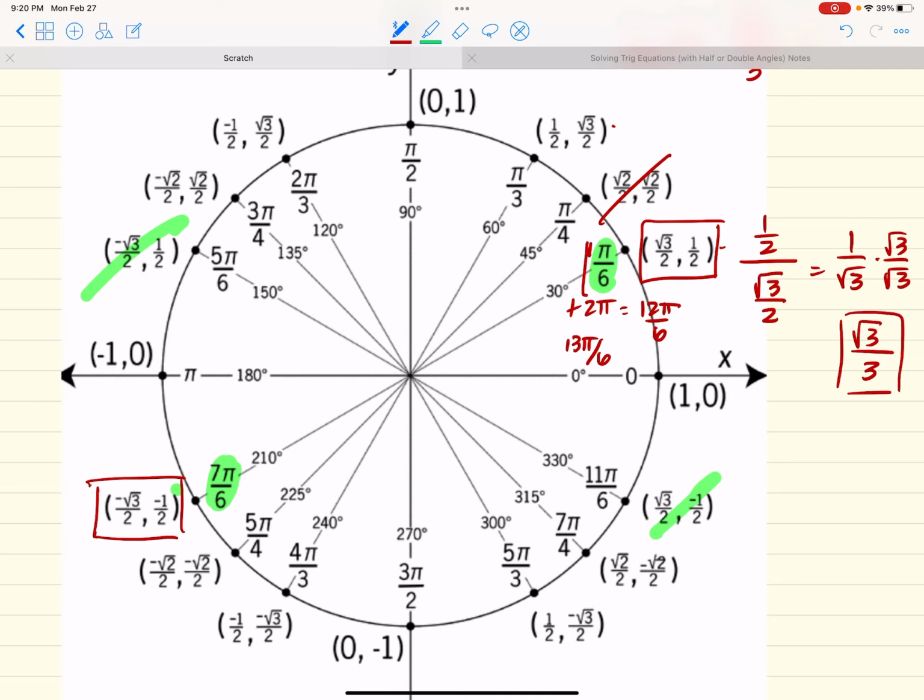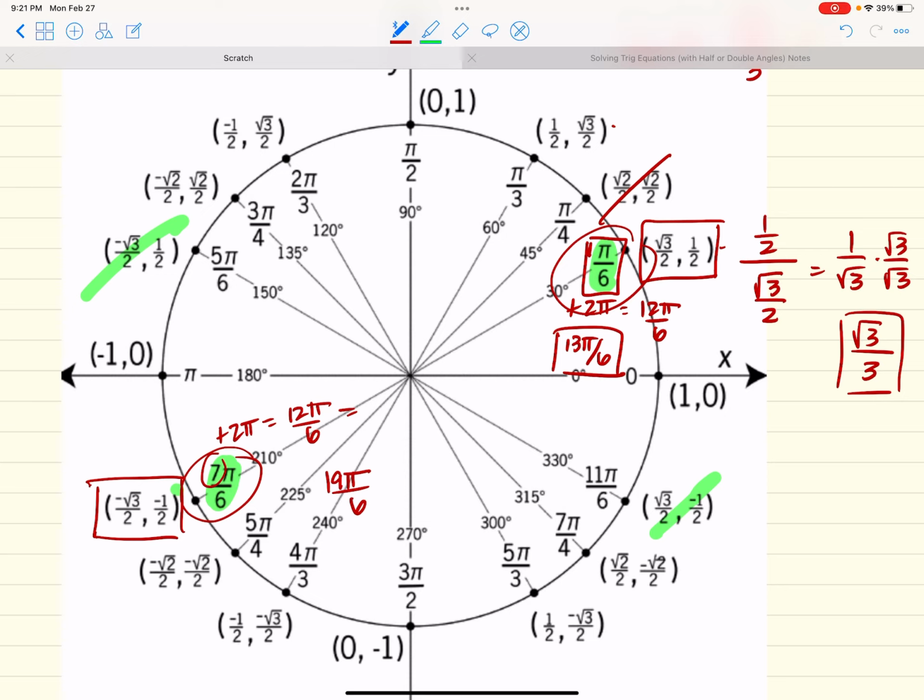And the same thing for 7 pi over 6. If I add 2 pi to that the second time I lap around, or add 12 pi over 6, the 12 and the 7 give me 19 pi over 6.